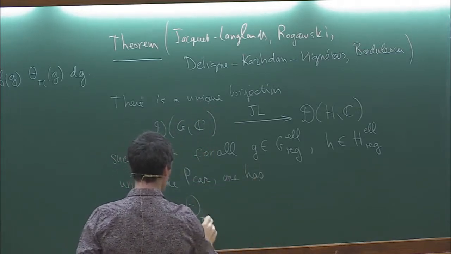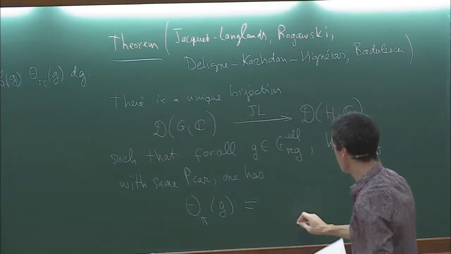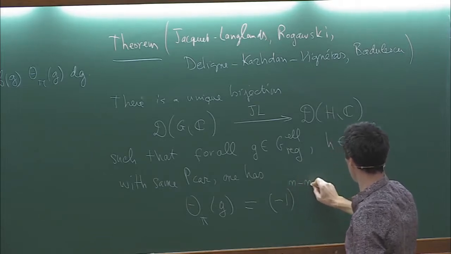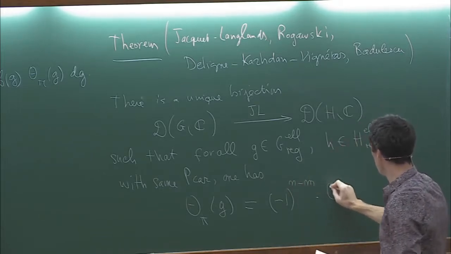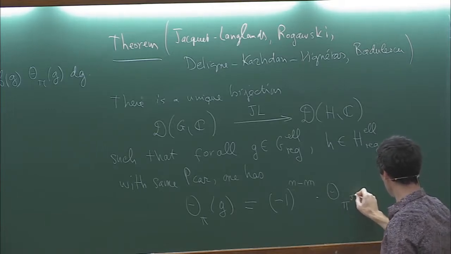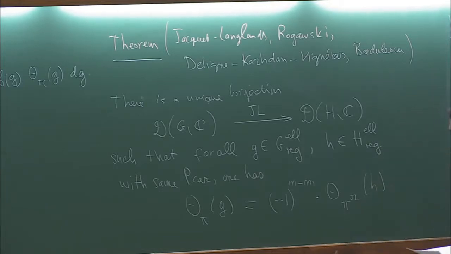The Harish-Chandra character of pi at g is equal to (-1)^(n-m) times the Harish-Chandra character of the Jacquet-Langlands transfer of pi at h.